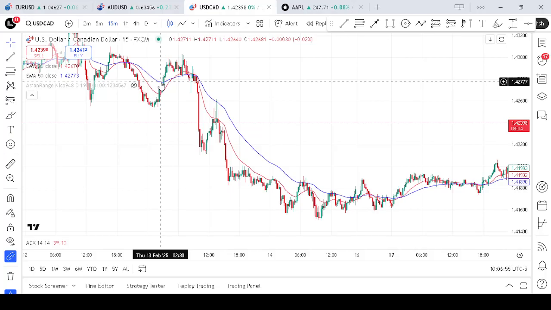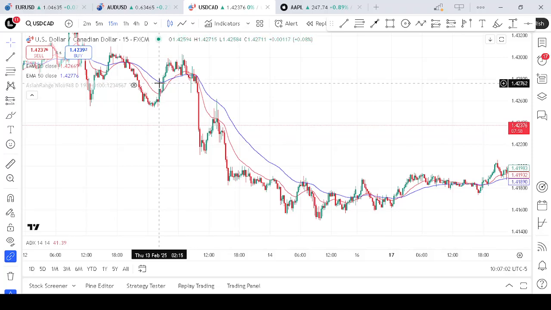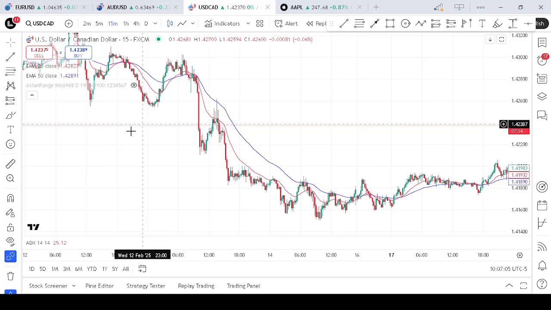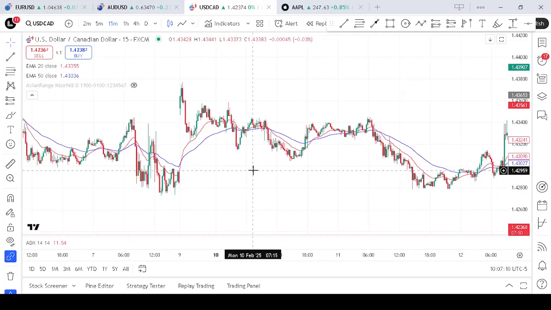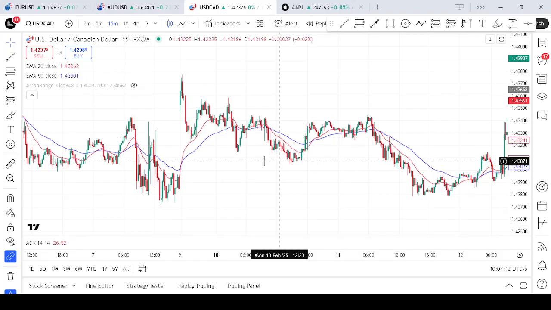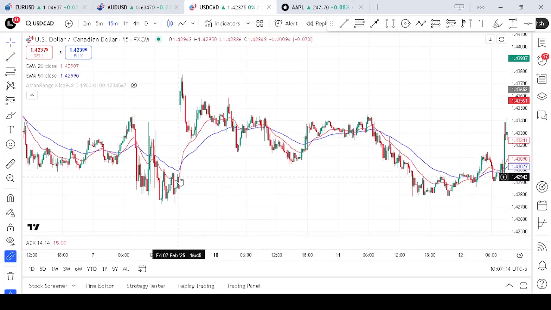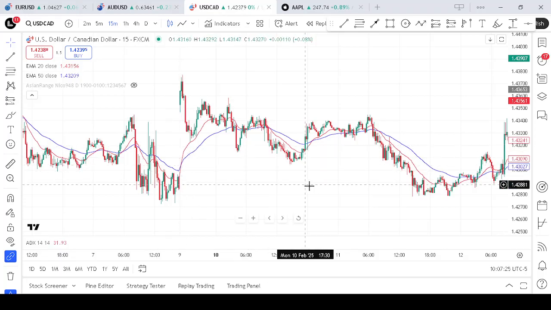When the shorter moving average crosses above the long term one, it is a sign of a potential uptrend. When the short moving average, that's the 20 moving average, crosses above the longer term one, that's the 50 moving average, it is a sign for higher prices.